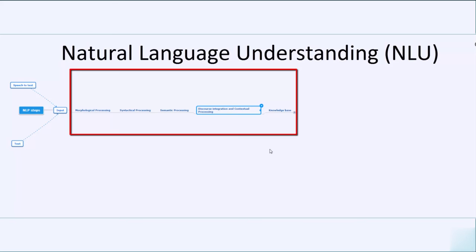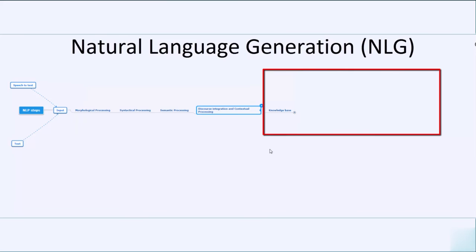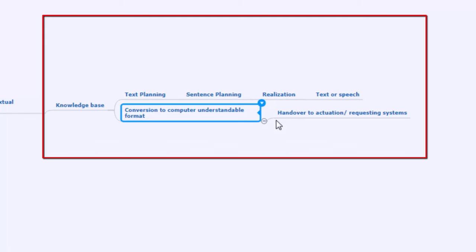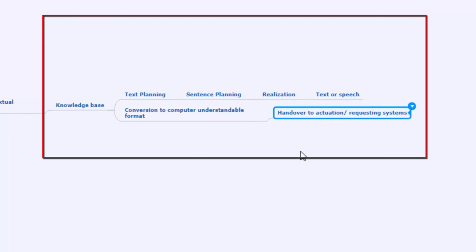The next stage is called as the Natural Language Generation. The NLP processes use similar methods and techniques to generate text or generate an output this time. Now, this can be going in a couple of ways. One is to actually generate a text or ultimately a speech as a response. For that, the NLP process has to go through a reverse process of text planning, sentence planning, and realization.